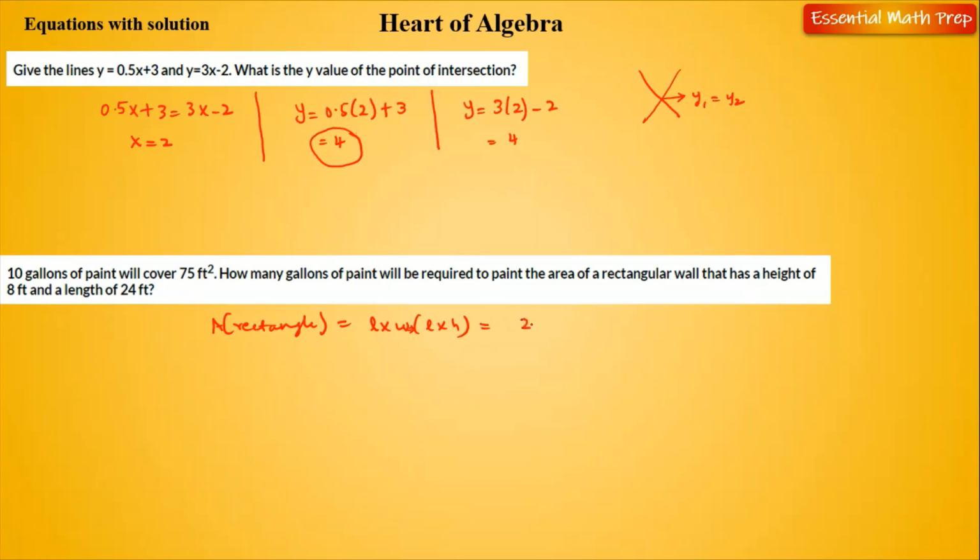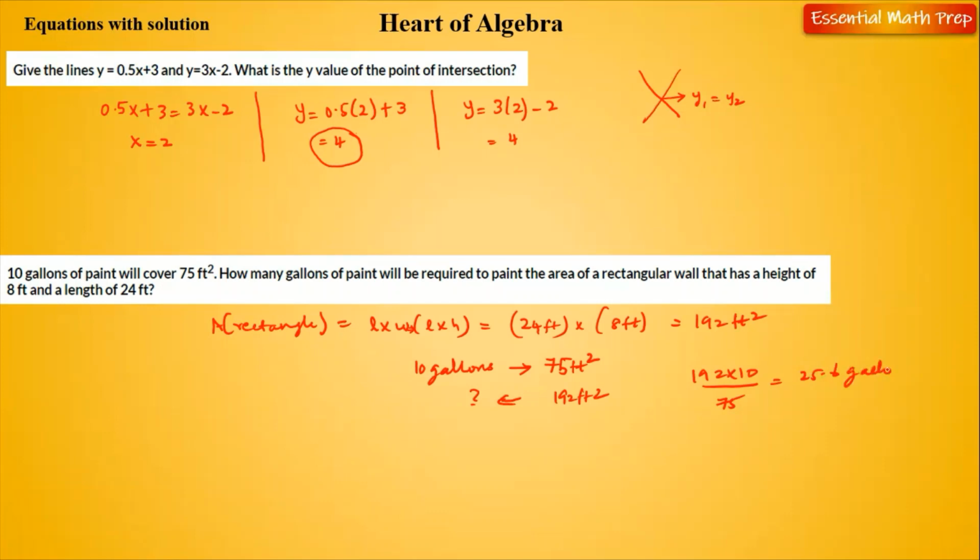So our length is 24 feet and our height is 8 feet, which would give us 192 feet squared. 10 gallons can paint an area of 75 feet squared. So 192 feet squared would require how many gallons? All you have to do is 192 times 10 over 75, which is 25.6 gallons.